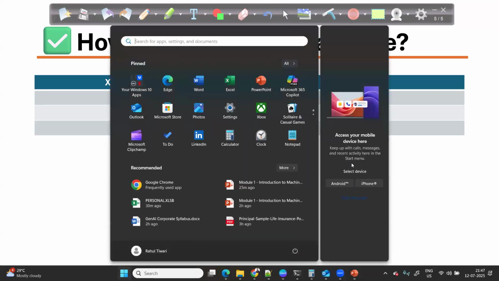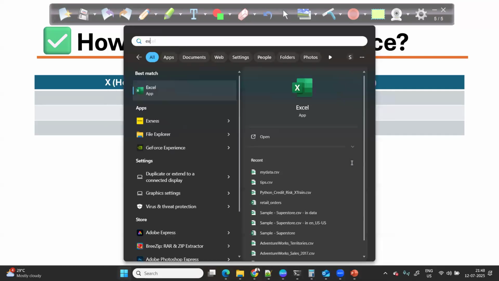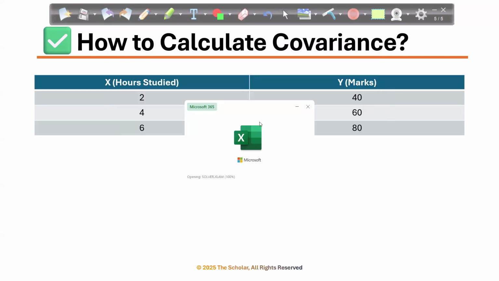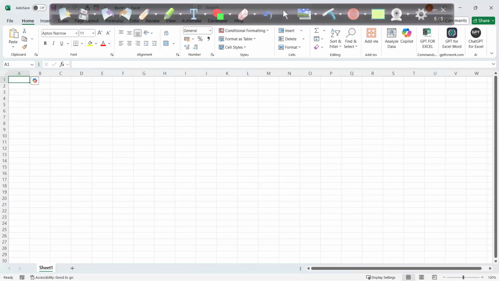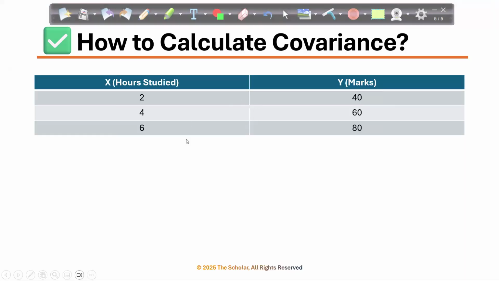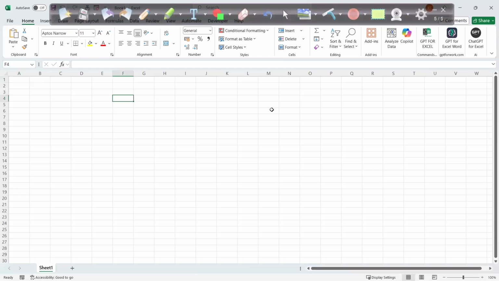So I'll be opening Excel. Let's quickly do that in Excel so that I don't have to use a calculator. The data is 2, 4, 6 and 40, 60, 80.